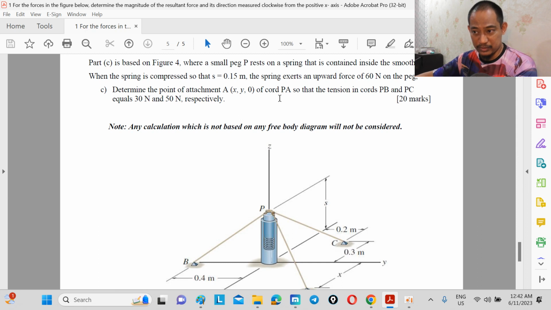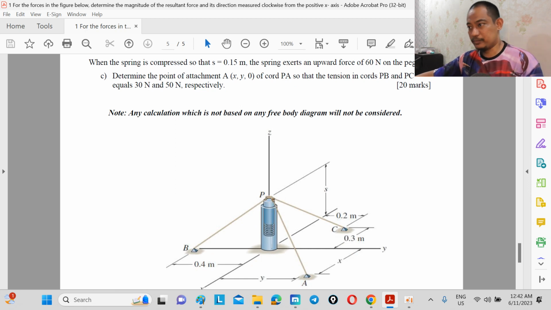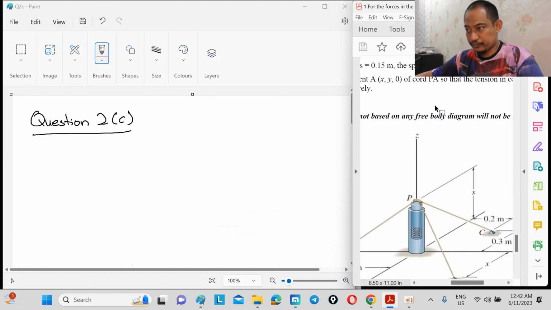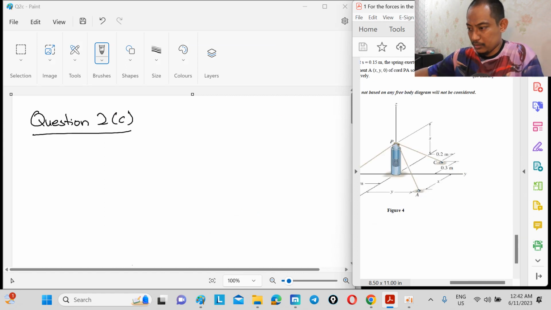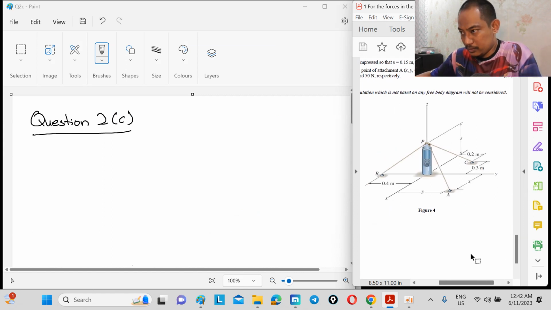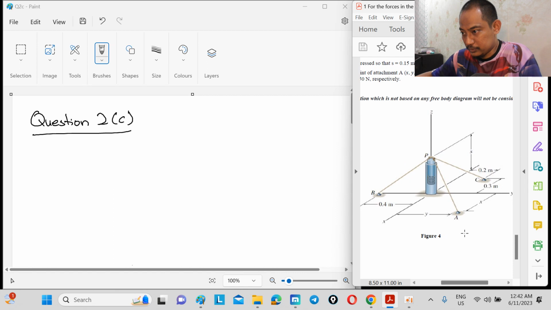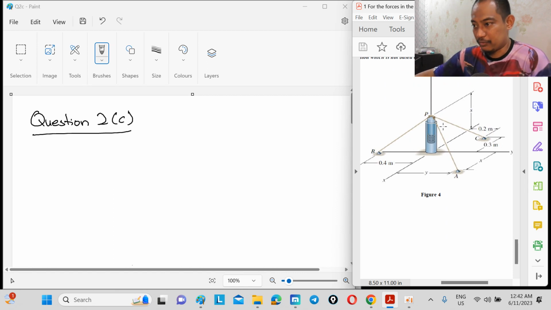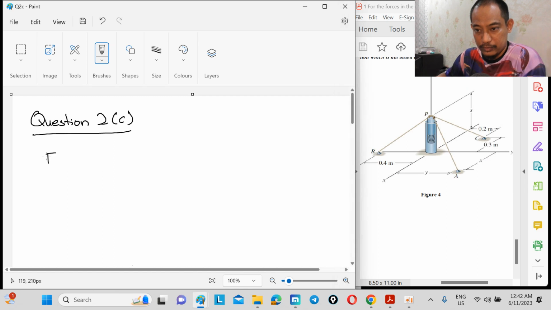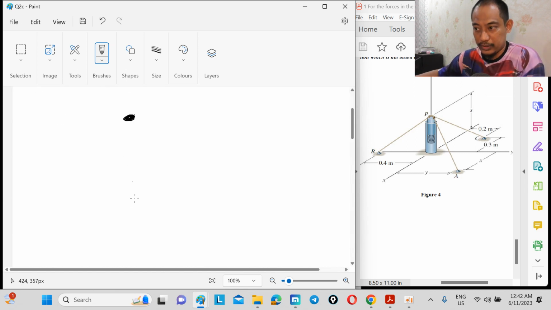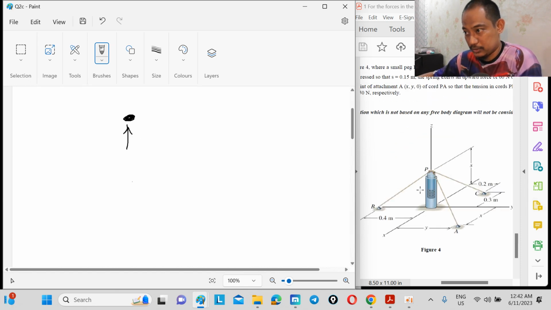So determine the point of attachment, so that PB and PC. Basically you already have the magnitude. So if we draw the free body diagram of the peg P, what you have is one force upwards, and the question says that is 60 Newton, right?